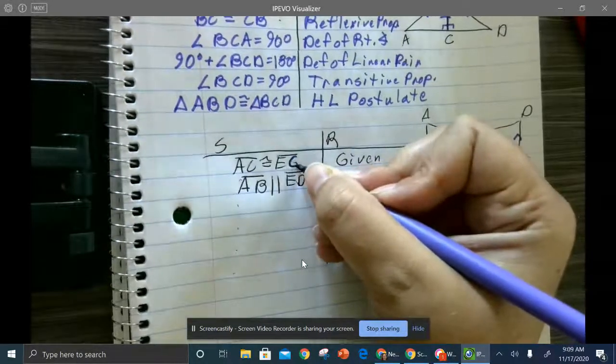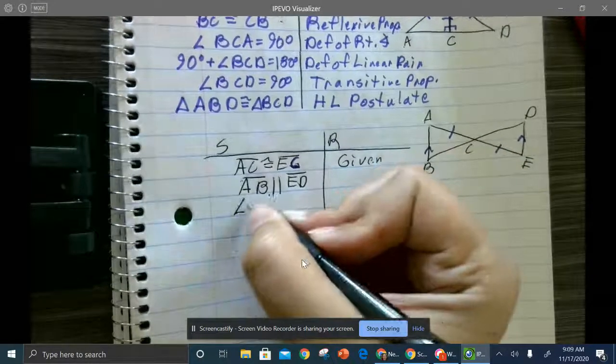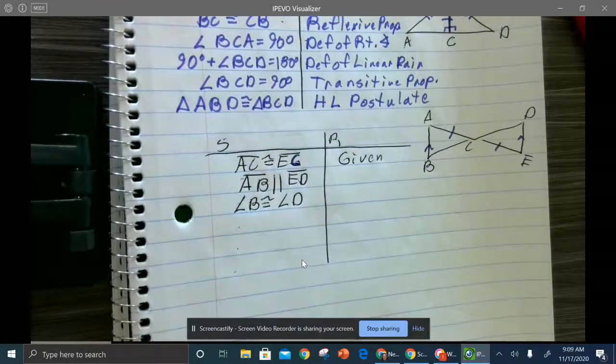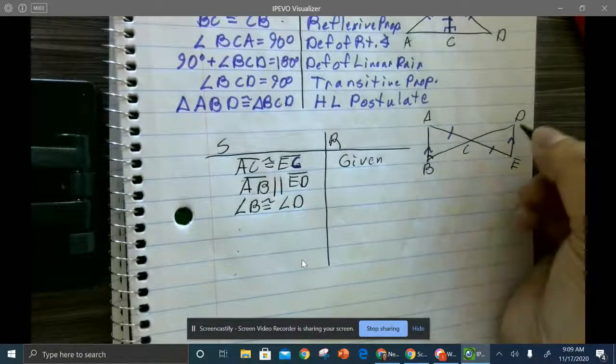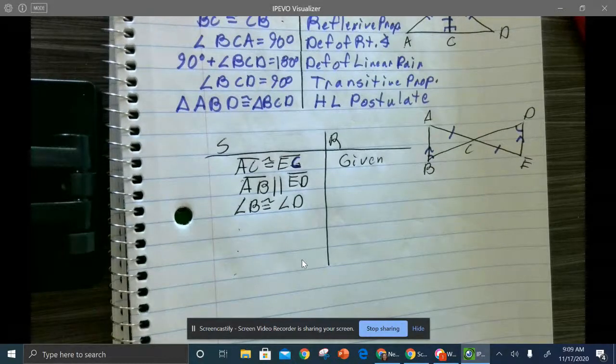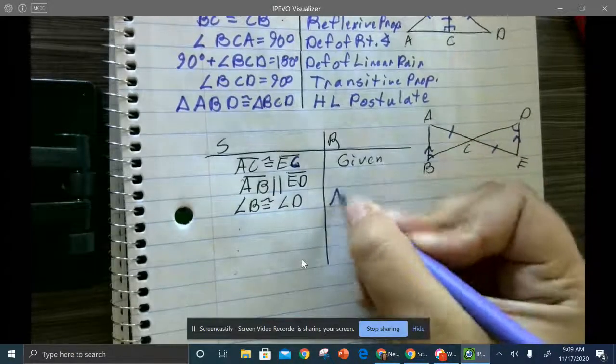And this is a C in my own writing. Okay, so we know that angle B is congruent to angle D because they're alternate interior angles.